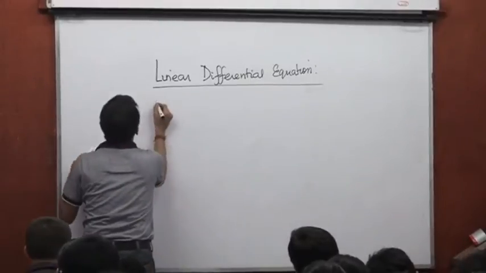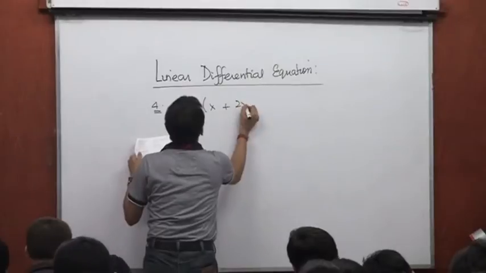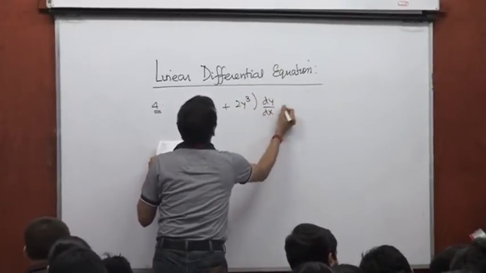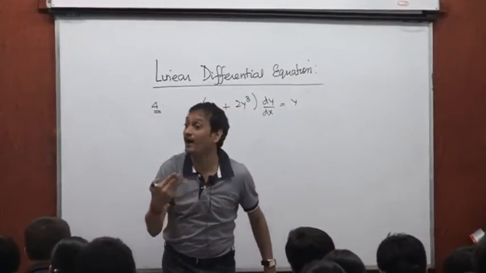Problem 4, for example, is a slight variation. x plus 2y cubed dy dx is y. Now this is not linear in y.